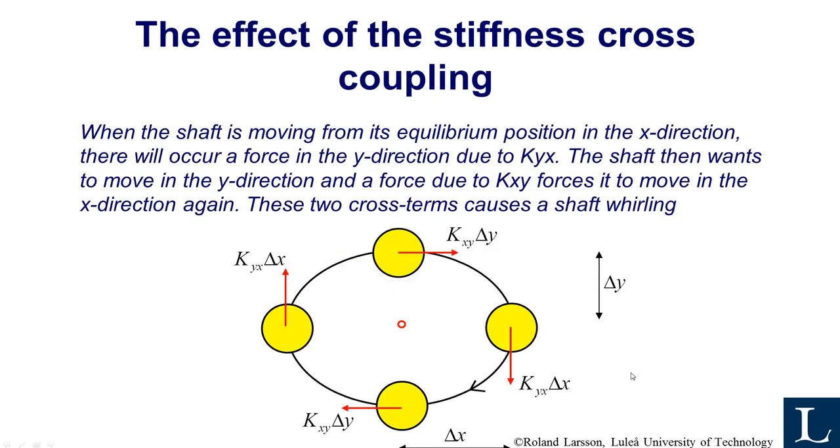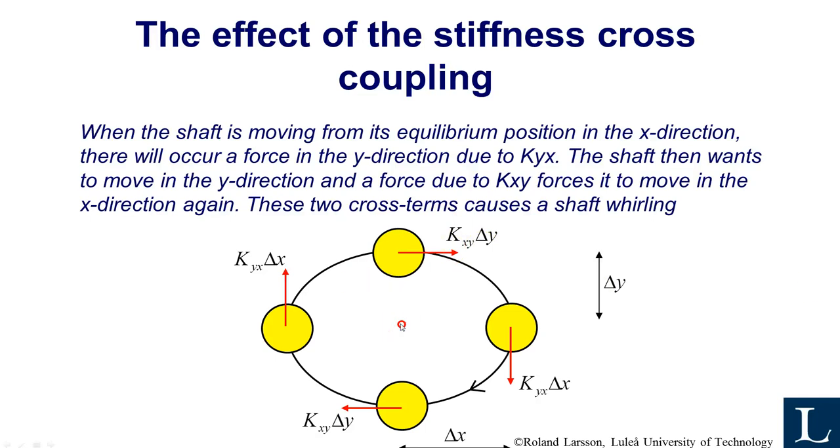And here is the trick then. Here is the reason why you may induce instabilities. If you try to move because of vibrations, the journal wants to move in the x direction like this. Sorry, this is the stationary point.